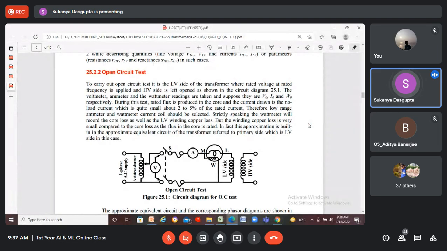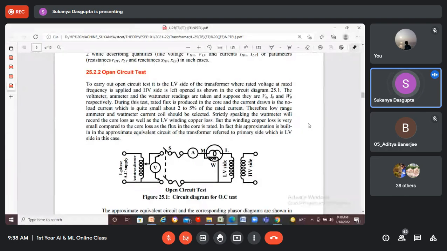What is the open circuit test? Why do we perform it? What is the requirement of this test in a transformer? I have told you that in transformer operation, we need to estimate the amount of core loss and copper loss.